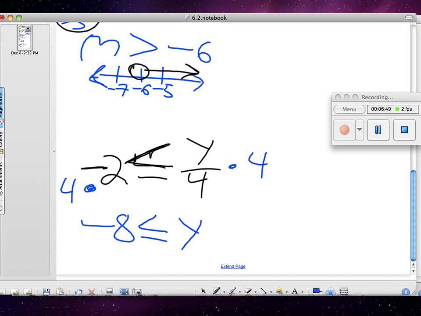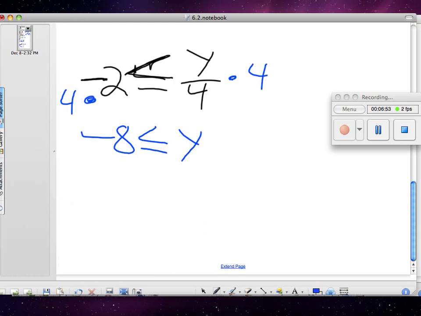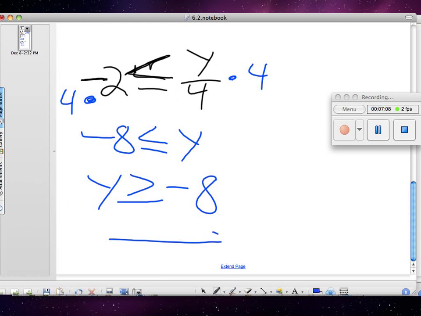Now, it's hard to graph if it's like this. So I'm going to move y to the other side. But which way is my alligator eating? Is it eating the y or the negative 8? It's eating the y. So I make it still eat the y. Okay? I've got negative 9, negative 8, negative 7.